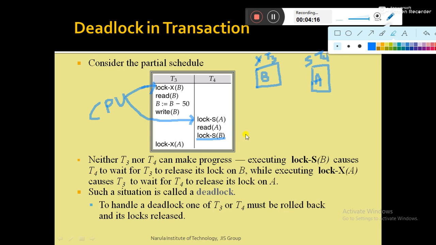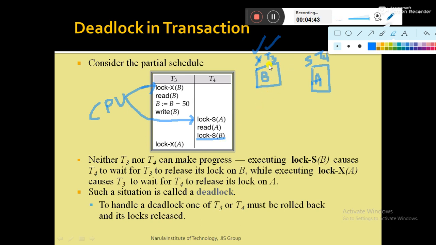The concurrency control component will check whether the data item B has been locked by any other transaction in a non-conflicting mode or not. While checking that, it will find that B is already locked by T3 in exclusive mode, and T4 is also requesting to lock the data item B in shared mode.